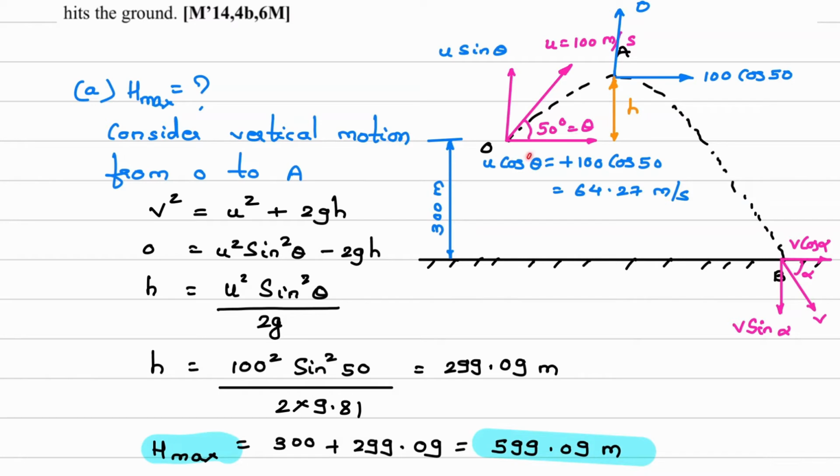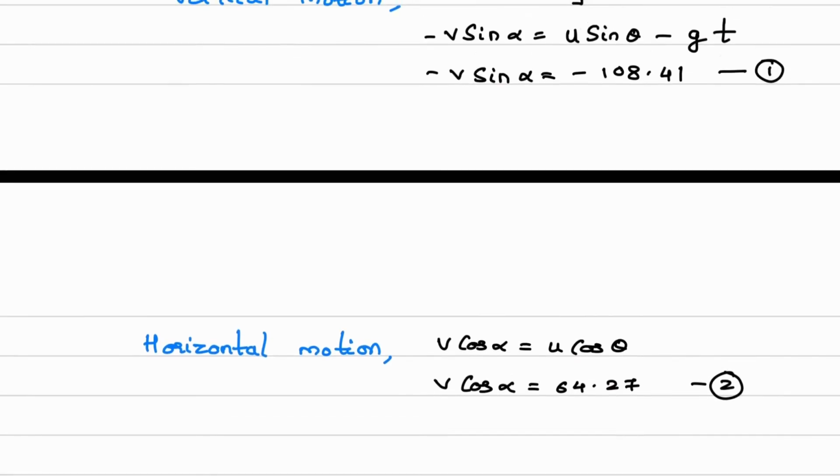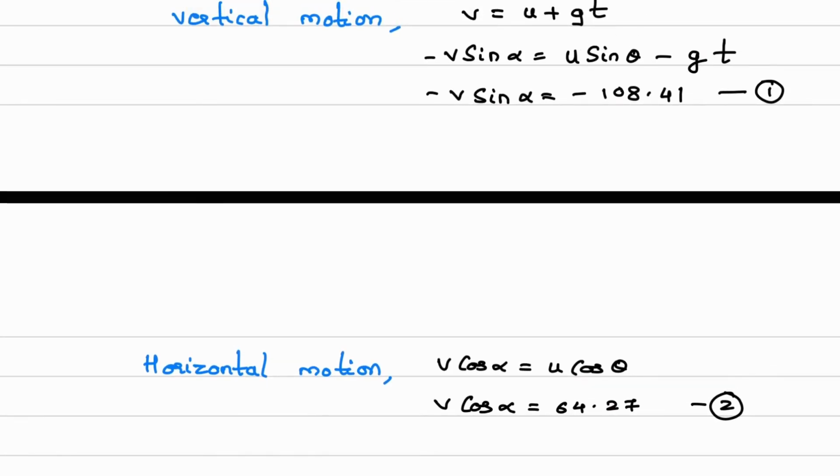So we can equate u cos theta is equal to v cos alpha. So v cos alpha is equal to u cos theta. We can calculate v cos alpha from here, which is equal to 64.27. Now this is equation 2 and this is equation 1, which we have marked over here.